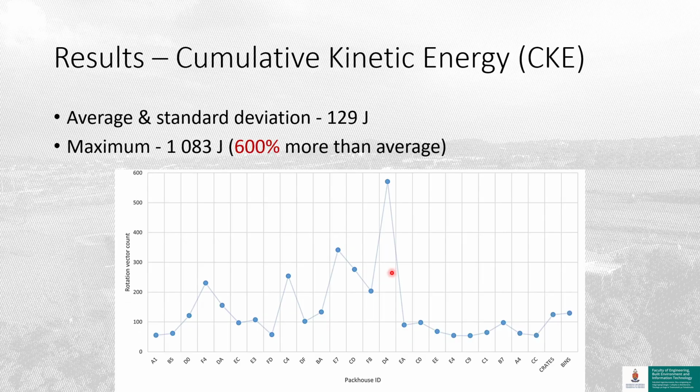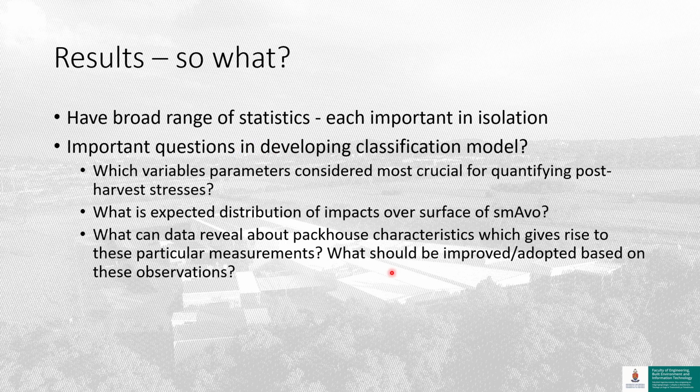The cumulative kinetic energy, how much energy had to be absorbed by the SMAVOs, the average and the standard deviation both 129 joules, so quite a large spread, with certain packhouses exhibiting a very large maximum of over 1000 joules, which is 600% more than the average. So what do we do with all these statistics?